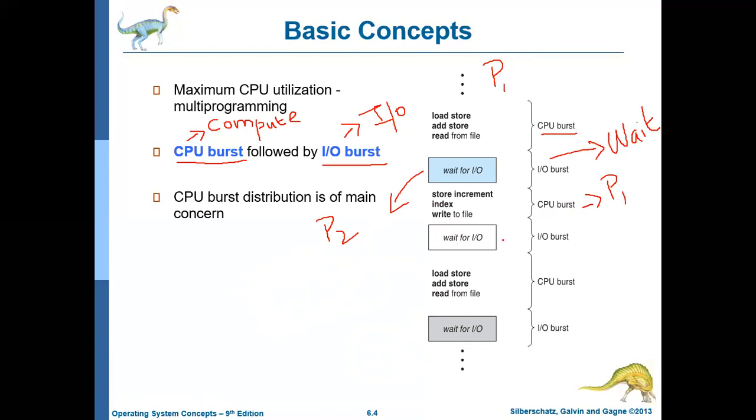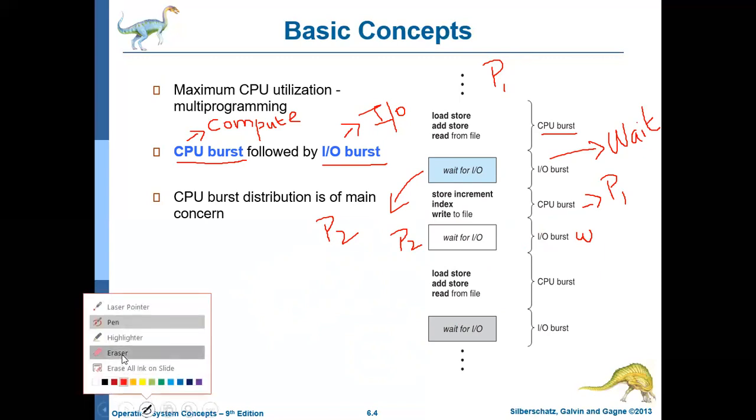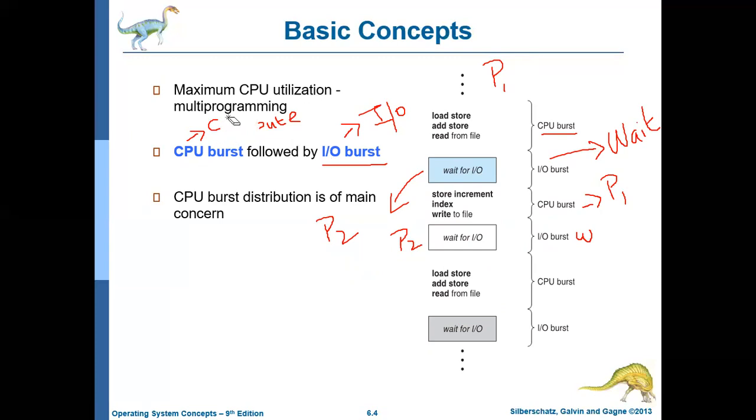Again it has IO, again it has to wait, since whenever there is IO there is a wait. While it is waiting, the CPU can be given to process 2 or any other process. This is called effective utilization of the CPU, and it can be achieved by CPU scheduling.